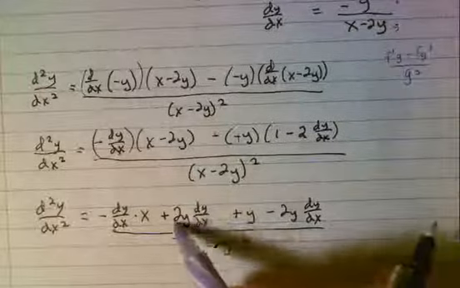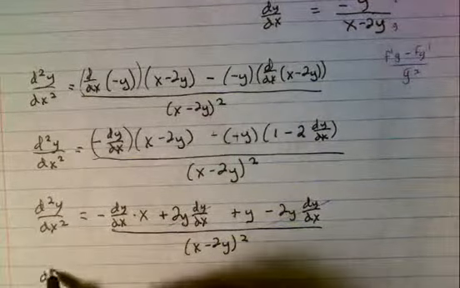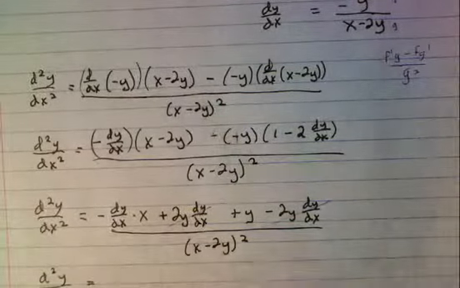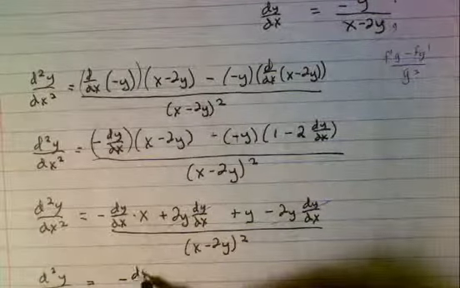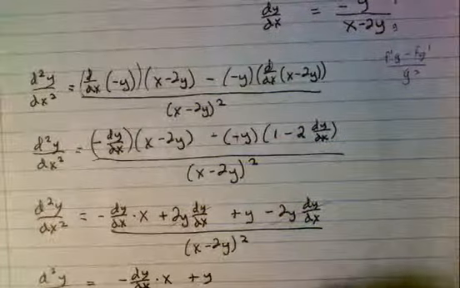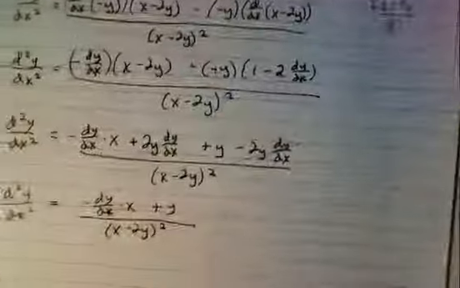Nice thing here, now we see it, these two subtract out to be 0. d squared y dx squared: so we've got negative dy/dx times x plus y, all over x minus 2y squared.